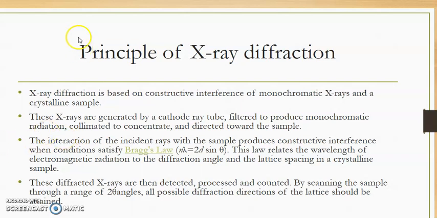Now, these diffracted X-rays are detected, processed, and counted. By scanning the sample through a range of 2 theta angles, all the possible diffraction directions of the lattice should be attained. That is, X-ray diffraction is based on constructive interference of the monochromatic X-rays and the sample.